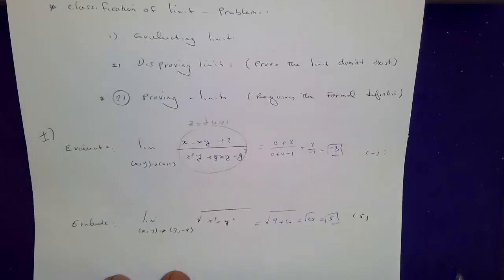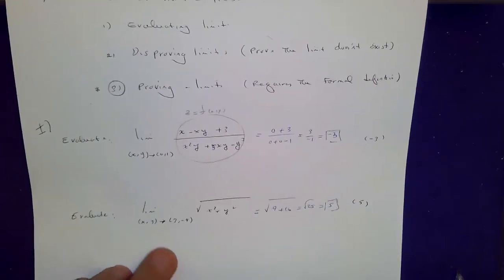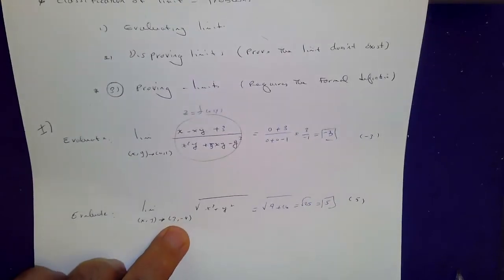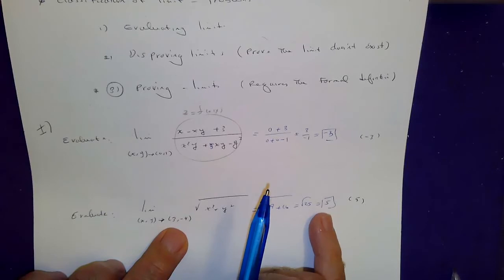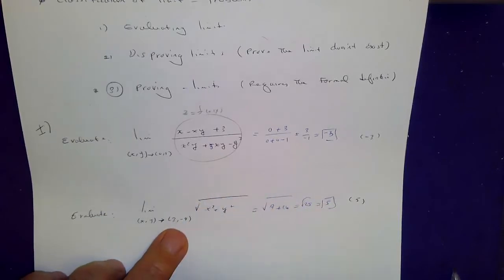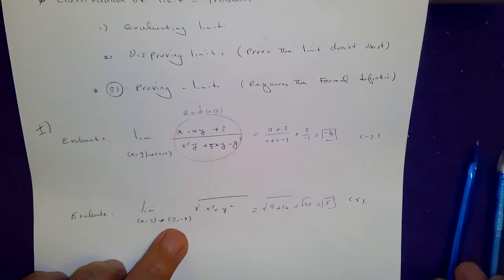Once again, what does that mean? That means as you get closer and closer to this point on the x y plane, 3 comma negative 4, the z value gets closer and closer to 5. So remember, this is not an evaluation of the function at a specific value of x and y, or at a specific point.